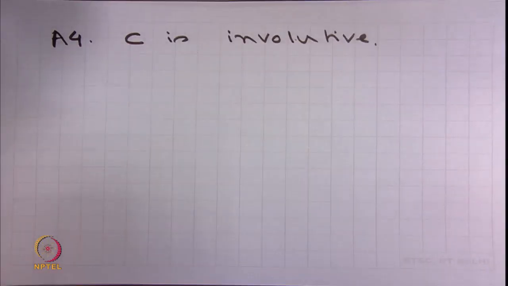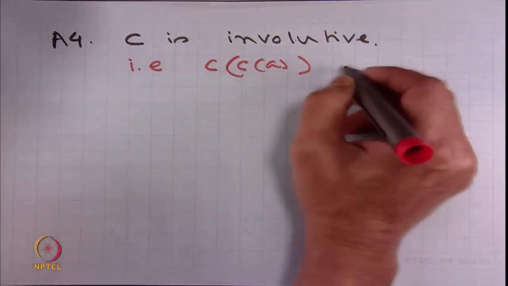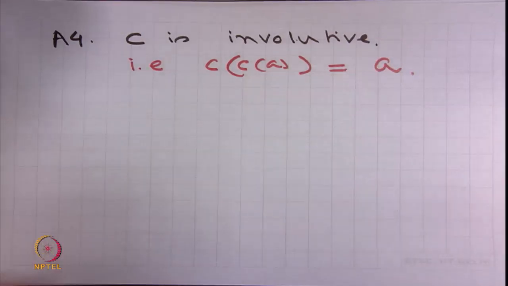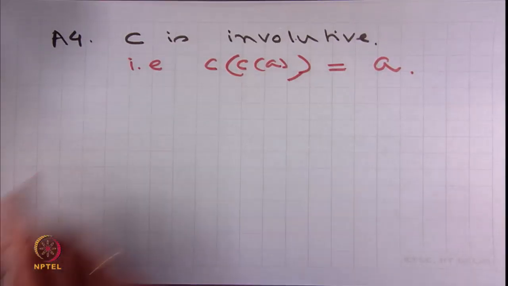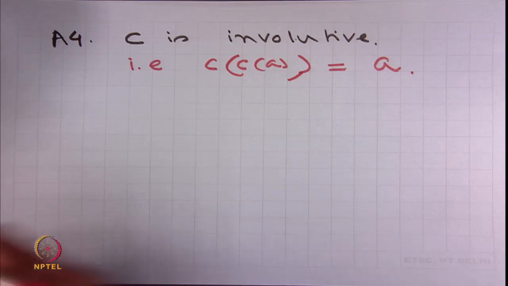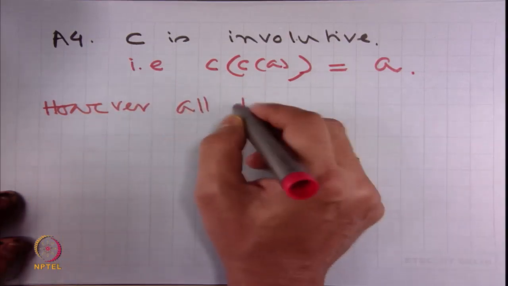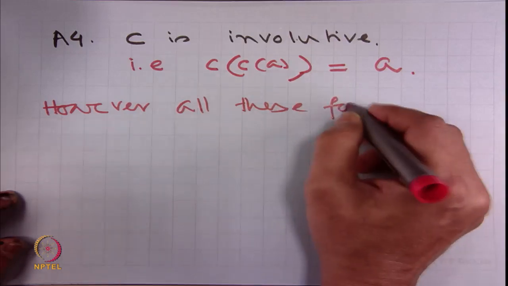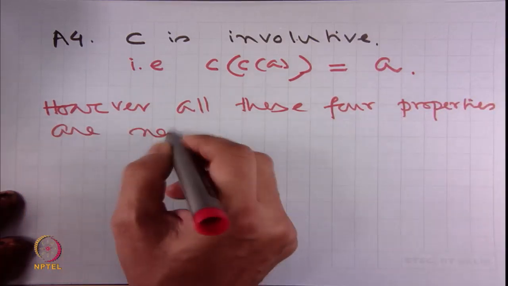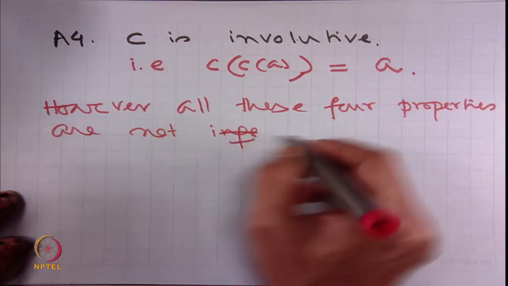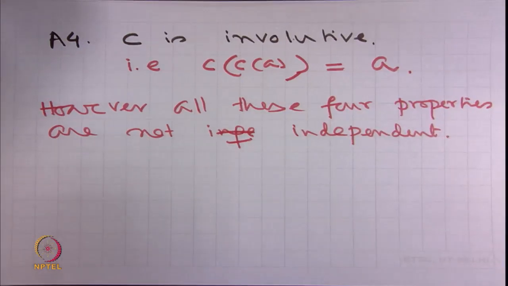That is, C of C of A is equal to A. That is, the complement of the complement of A is A. However, all these four properties are not independent. Let me give you a few results.